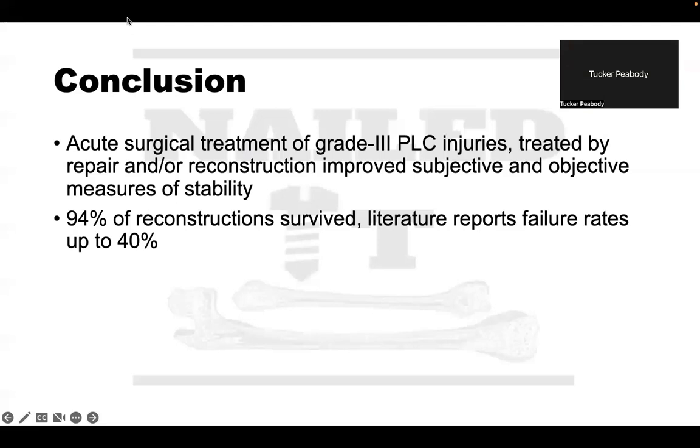Yeah, I agree. And I think it was great that they showed patient-reported, subjective outcomes on the same paper. But I think, overall, with all these papers we discussed about posterolateral corner injuries and reconstruction techniques, there's still a lot of room for, like you said earlier, long-term follow-up studies, to see how these patients that have reconstruction perform, what their level of activity is compared to what they were prior to their injury.